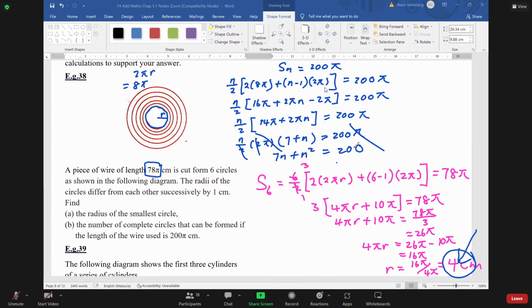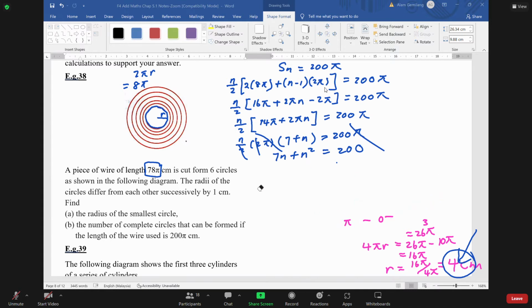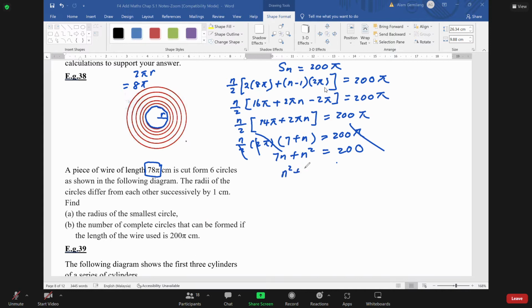Now solve the quadratic equation. That means n square plus 7n minus 200 equals 0. So what's n? This cannot factorize, so use the formula.